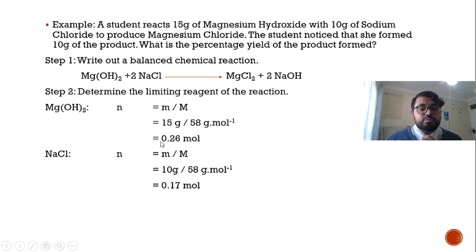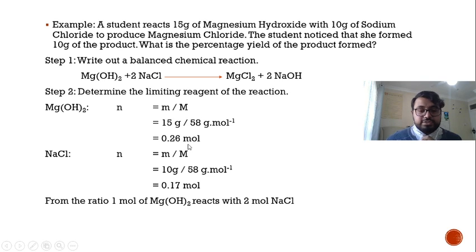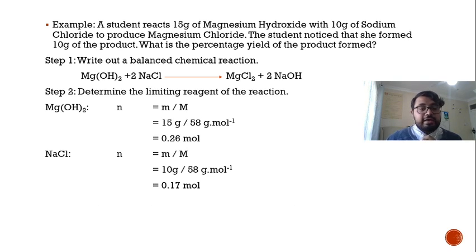So we take 0.26 and divide by 1, which would give us 0.26. And we have a 2 by NaCl, and we divide the 0.17 by 2, which should give us 0.085.